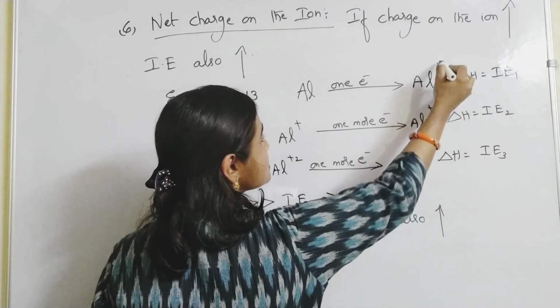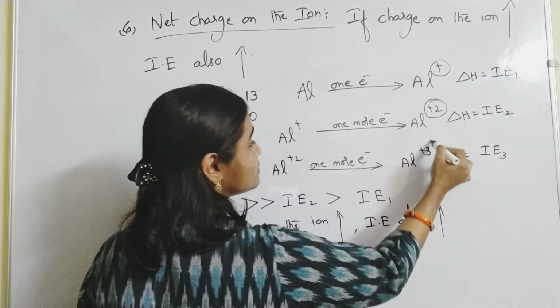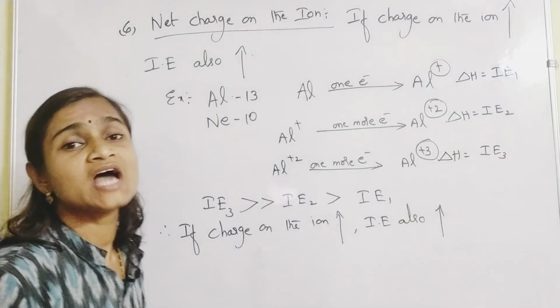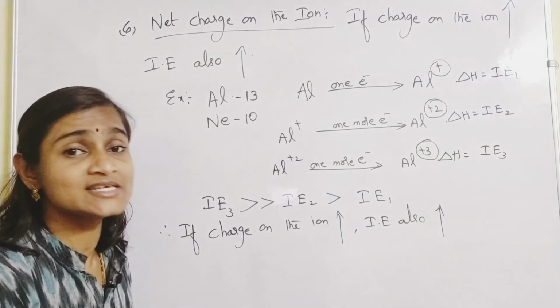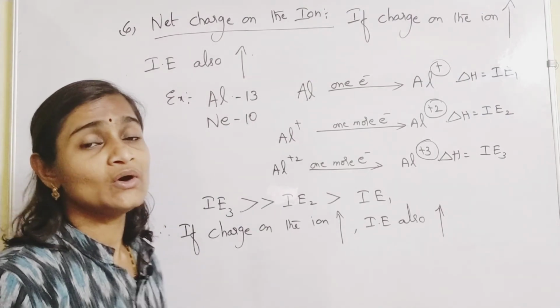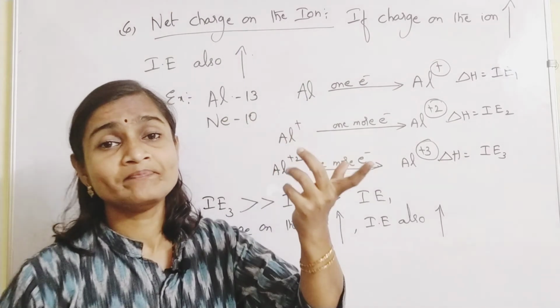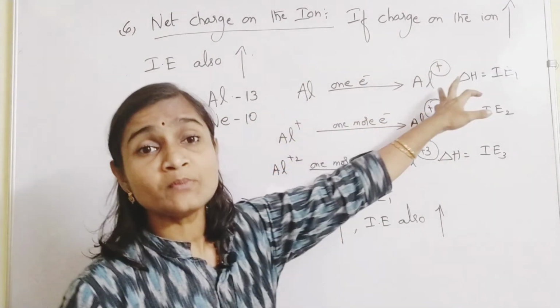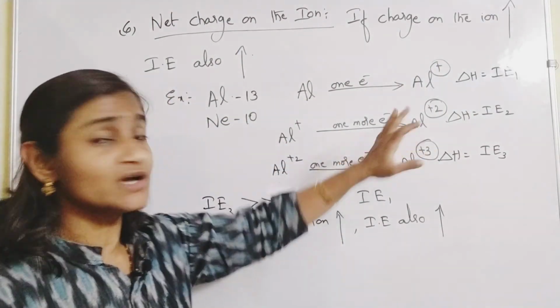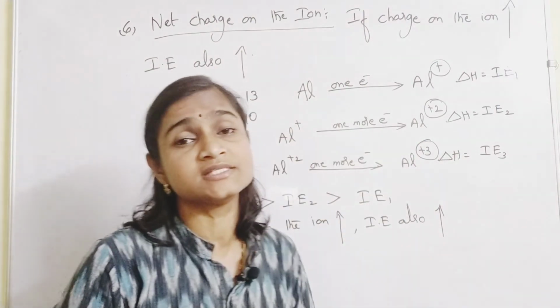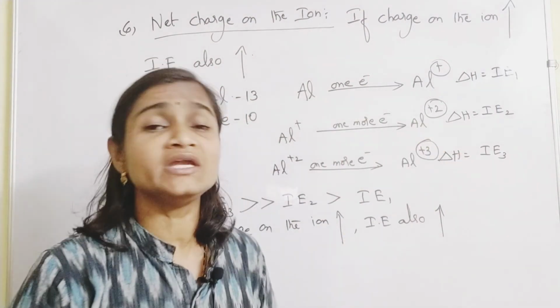To form Al+, little energy is enough, but to form Al3+, a lot of energy is required. Charge is increasing, +1 to +2, +2 to +3, and ionization energy also increases. Removing an electron from a neutral atom is easy, but removing an electron from a unipositive or dipositive ion is difficult. A lot of energy needs to be supplied.